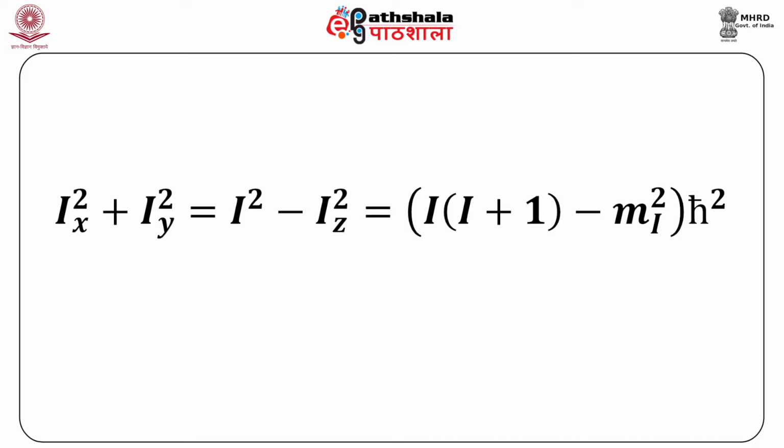Thus, though Ix square and Iy square are not individually quantized, the sum of their squares is quantized and can only take on these specific values. The locus of all these points is a cone, and Larmor precession is thus explained.